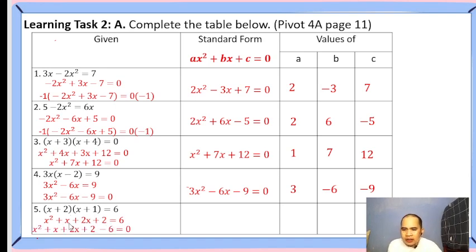So, meron tayong equation na x squared plus x plus 2x plus 2 minus 6 equals 0. So, combine lang natin ang common terms. So, meron na tayong equation na x squared plus 3x, kasi x plus 2x, minus 4, kasi 2 minus 6 is negative 4, equals 0. So, we have now value of A, 1. Again, may invisible 1 dyan. Value of B, 3. And value of C is negative 4.